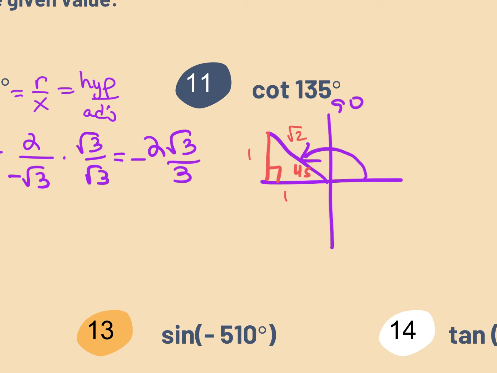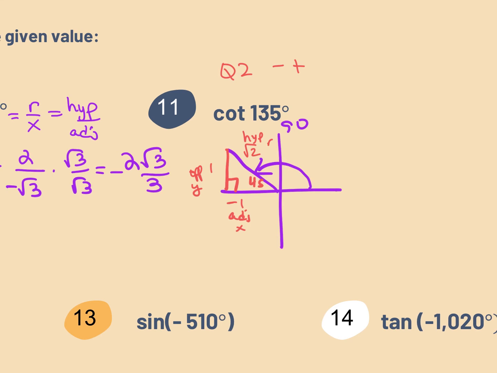Hypotenuse is root 2. The signs in quadrant 2 again are going to be negative, positive. So this is negative, and the other leg is positive. This is adjacent to the 45, which is your x, opposite, which is your y, hypotenuse, which is your r.